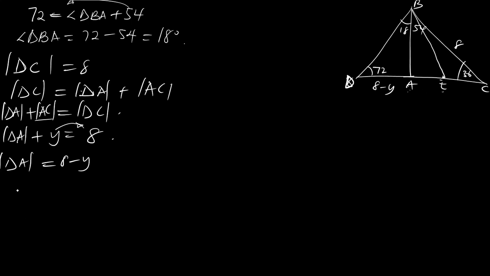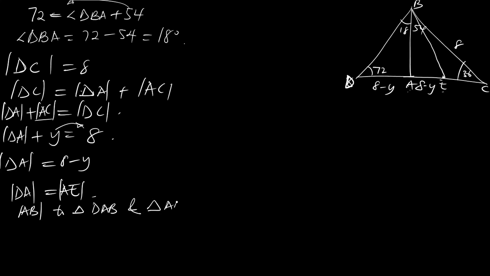So DA is equal to AE, which is now 8 minus Y. Now, since DA is equal to AE and AB is common to triangle DAB and triangle ABE.